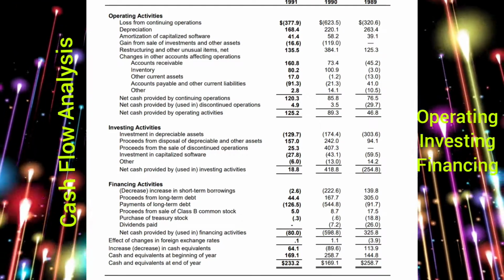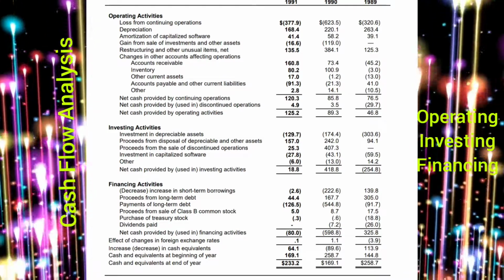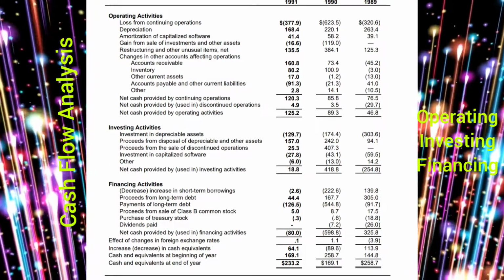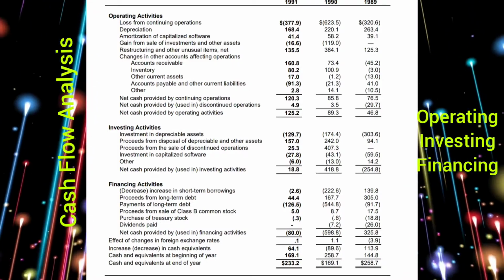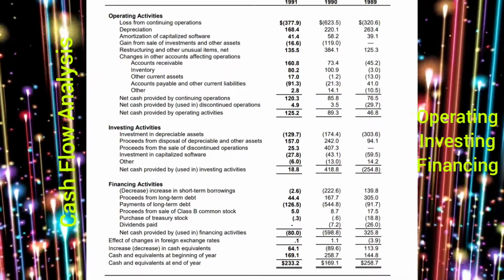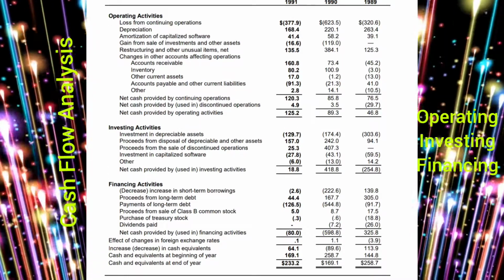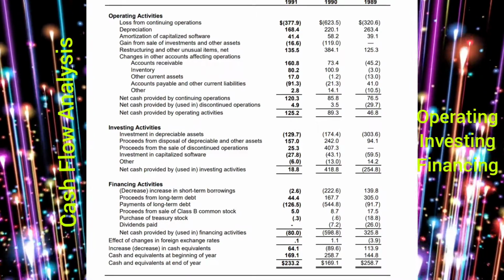In the same way, if I am looking at 1990, the major sources are sales of discontinued operation, disposal of assets, long-term debt, etc. And major uses in 1990 are repayment of long-term debt, repayment of short-term debt, and capital expenditure.